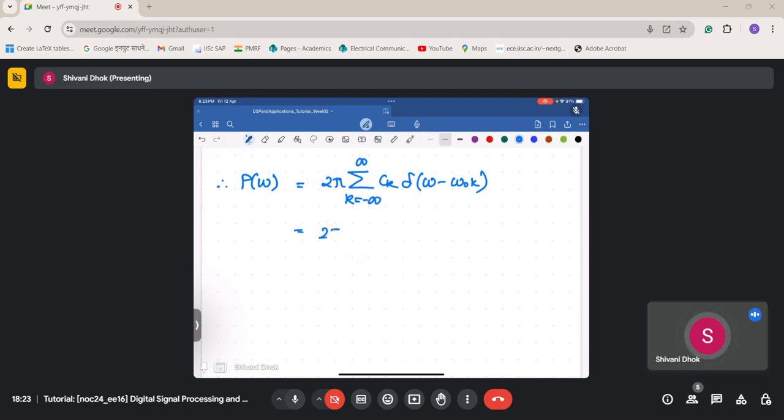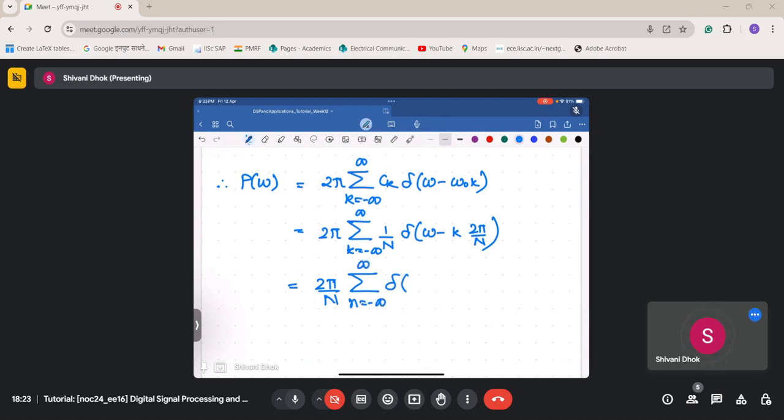This comes out to be equal to 2 pi into summation k running from minus infinity to infinity, the ck's are 1 by n, into delta omega minus k times omega naught, which is 2 pi by n. So therefore this is 2 pi by n into summation k equal to minus infinity to infinity delta omega minus k times 2 pi by n.